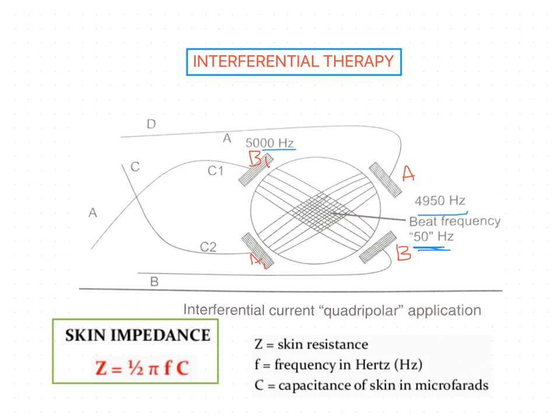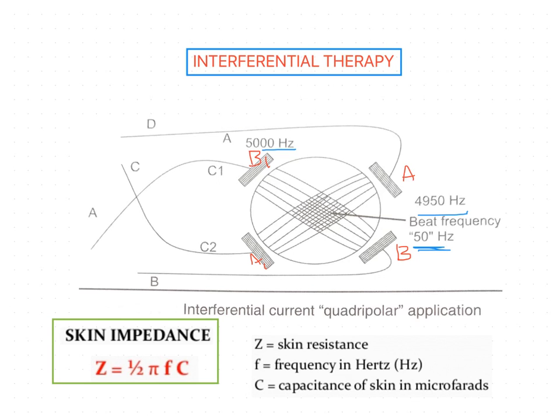By varying the frequency of the second circuit relative to the constant frequency of the first, it is possible to produce a range of beat frequencies deep in the patient's tissues.